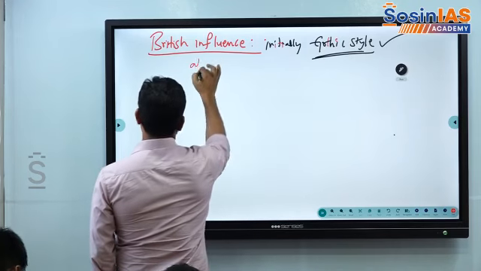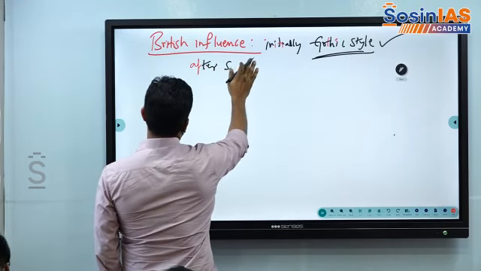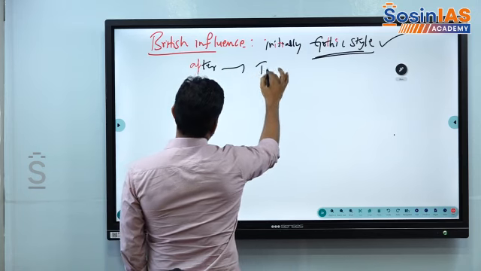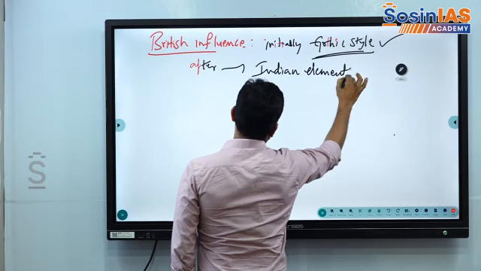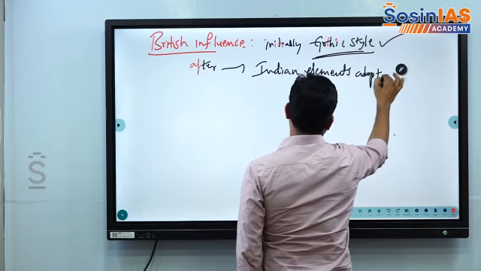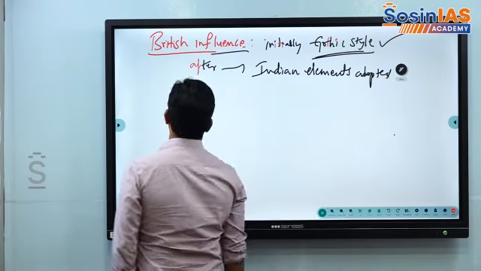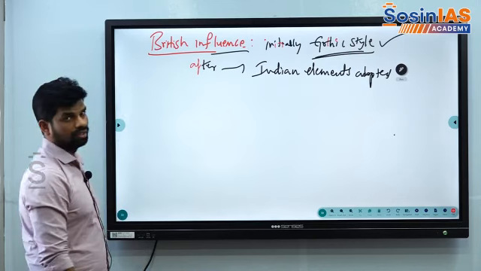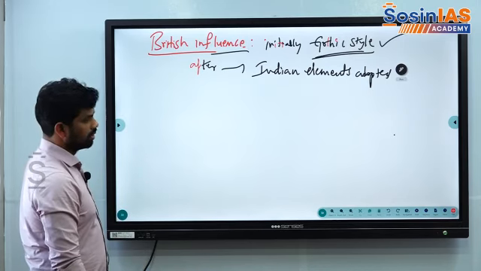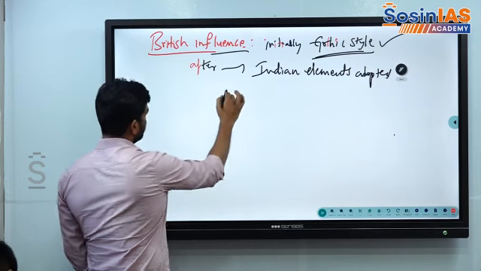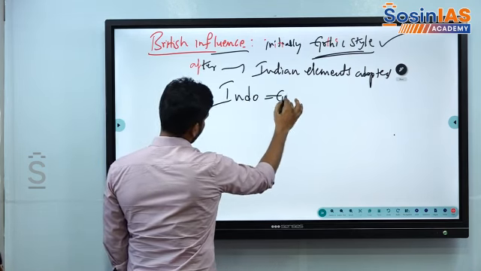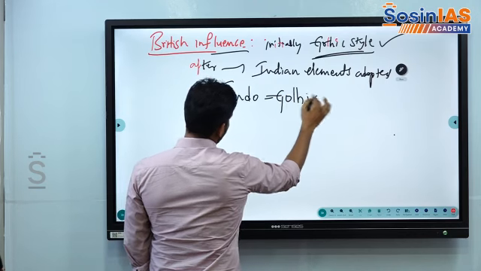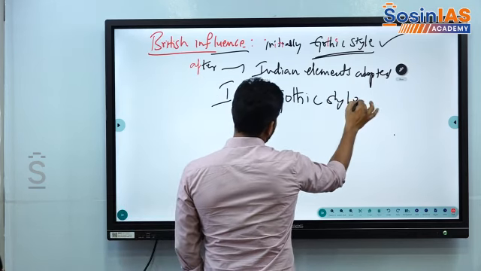After a certain time they adopted Indian elements also. Indian elements adopted after a certain time are known as Indo-Gothic style.